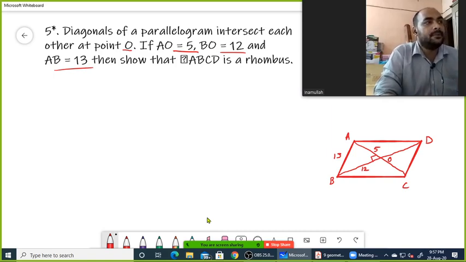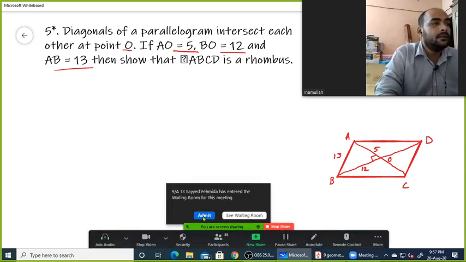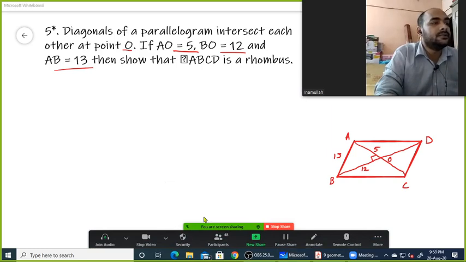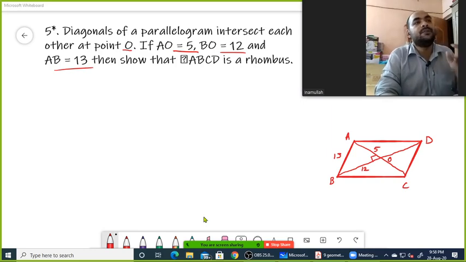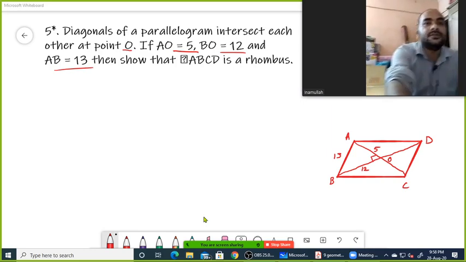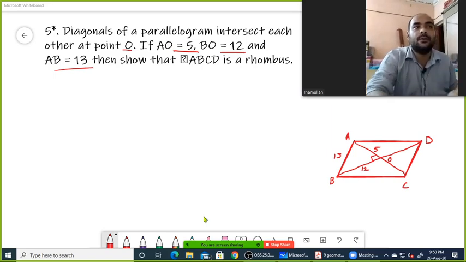If they are perpendicular to each other, this parallelogram is also a rhombus, because any parallelogram where diagonals are perpendicular to each other will be considered a rhombus. So we can use this property to prove that this parallelogram ABCD is a rhombus.